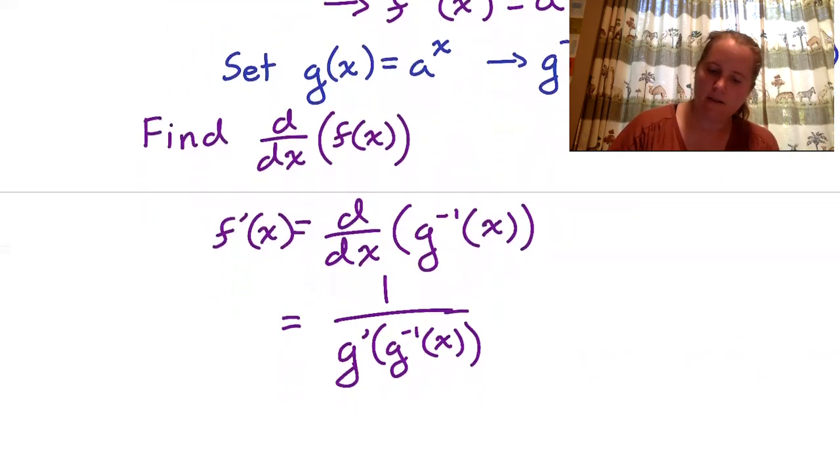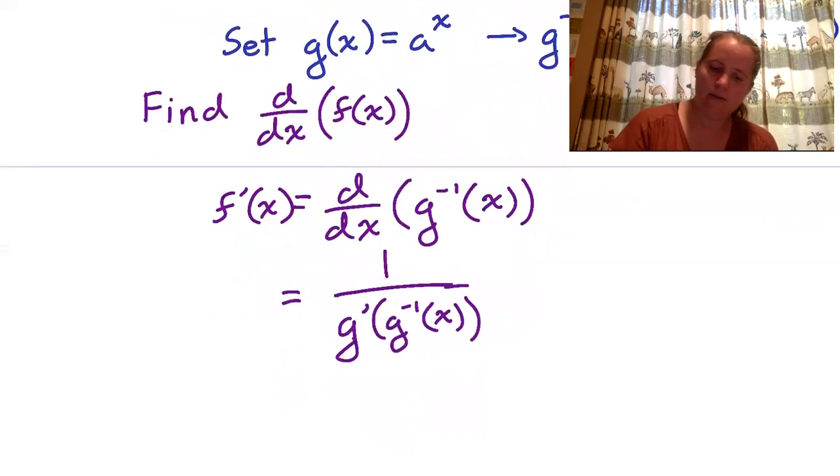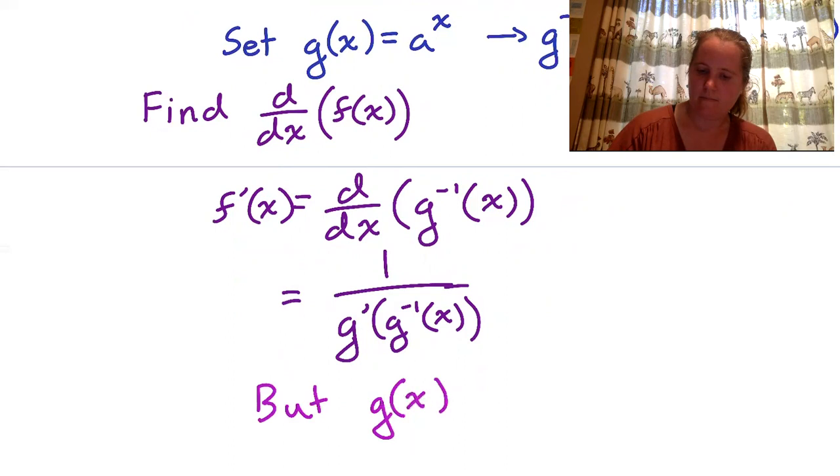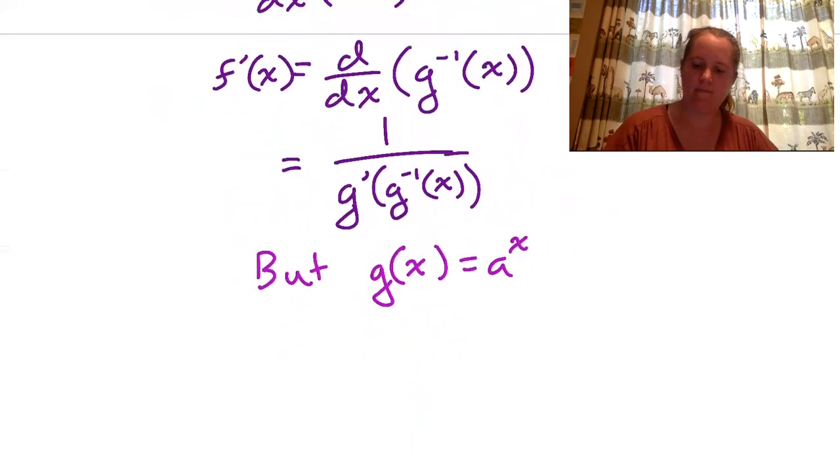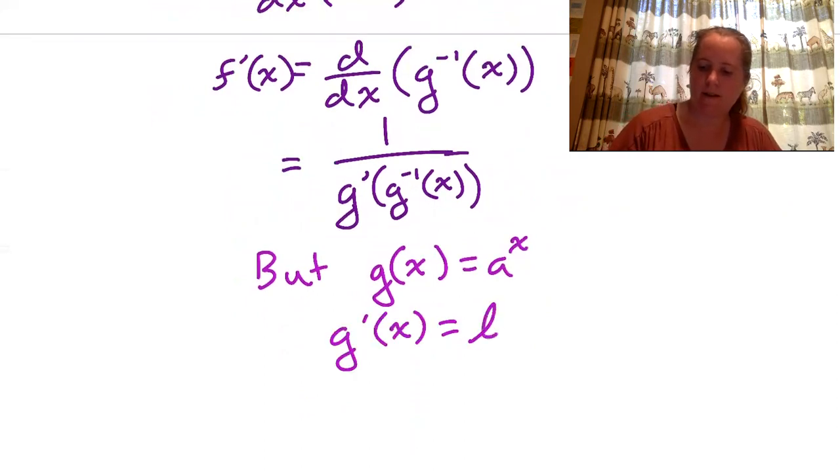Additionally, we know that g of x is a to the x, and so g prime of x is the natural log of a times a to the x.